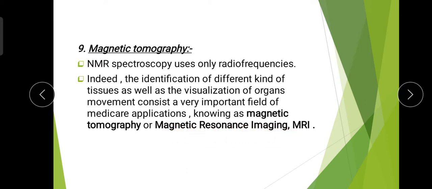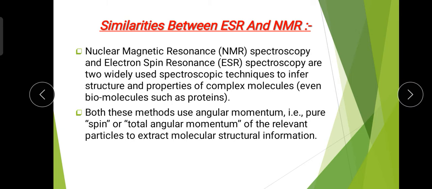So this is the best application of NMR spectroscopy in the medical field. So all those are the applications of NMR spectroscopy. There are huge applications of NMR spectroscopy, and we have covered a few of them.